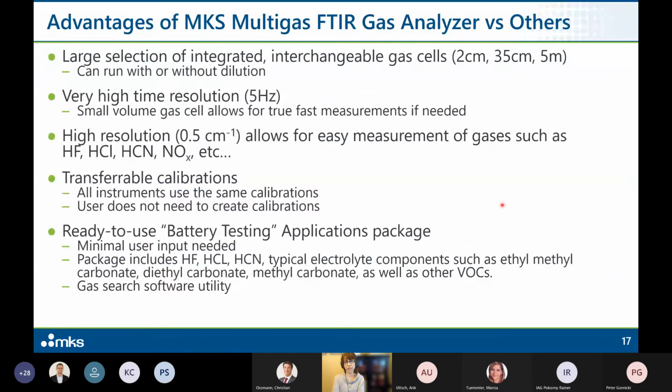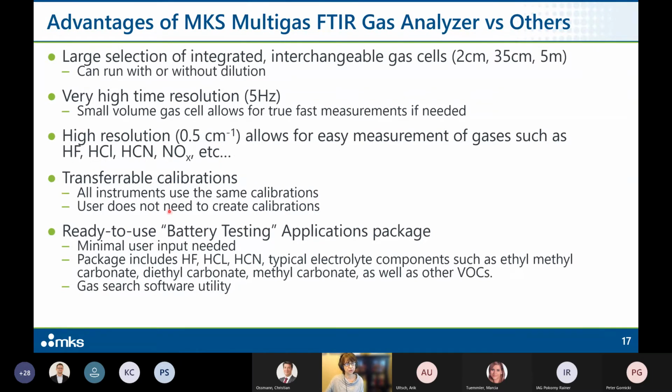So if you compare FTIR to others, we have a wide range of gas cells that can be used, so that you can decide to run your sample with or without dilution. We run at 5 Hertz. We have high resolution, and we have recipes and calibrations for all these acid and toxic gases.